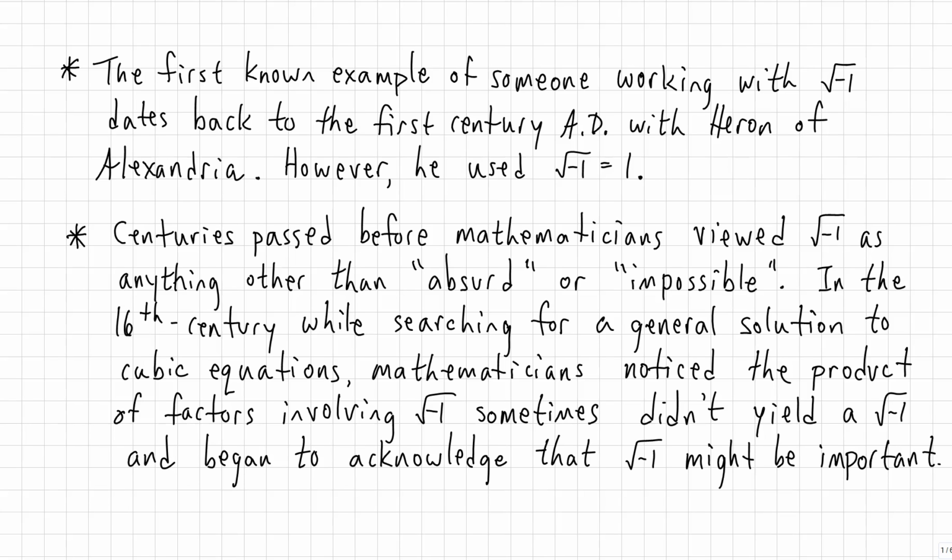So they noticed that products containing the square root of -1 actually resulted in real numbers, numbers that they were used to working with and that they didn't consider impossible or absurd. So they started to pay attention. It's like, well, wait a minute, maybe there is something to this whole square root of a negative. So rather than tossing them aside, they began to actually keep them around in their calculations.